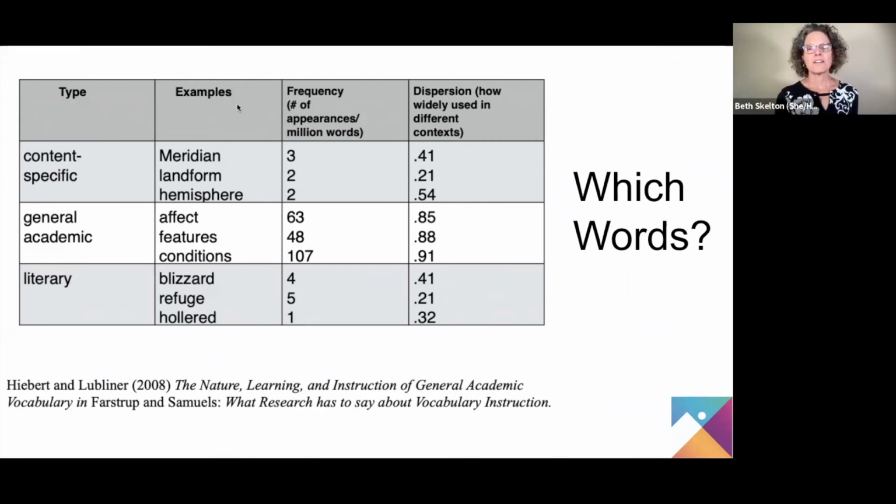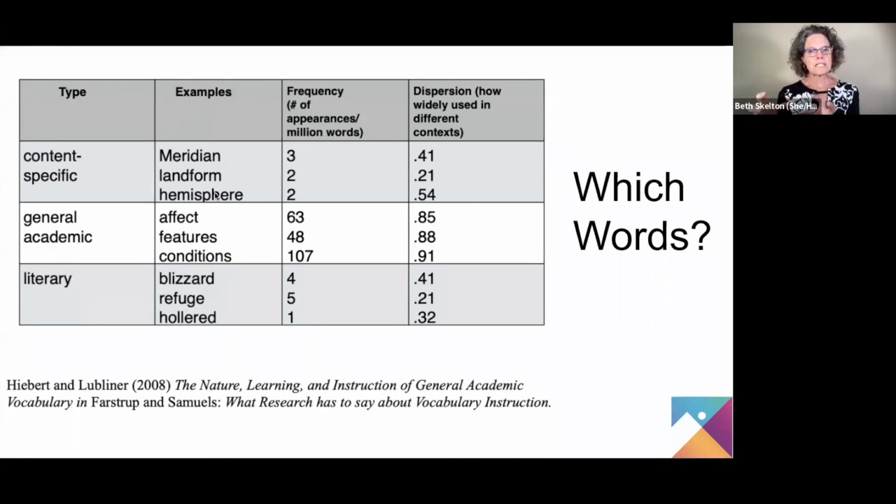The last column is called dispersion. And that means how many different contexts are you going to see it in? The higher the number, the more the context. So for example, the word landform, you're only going to see that in geology or geography contexts. You don't see landform in a narrative. You don't see landform when we're in a social setting.